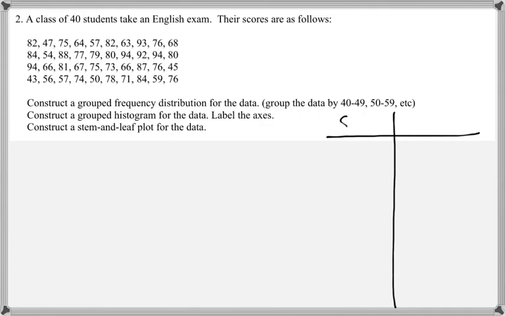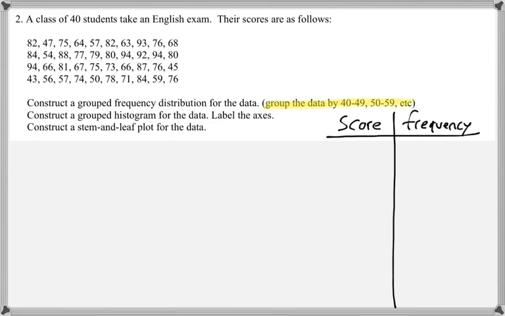So we have the score in the first column and the frequency in the second column. And they want us to group the data like this.